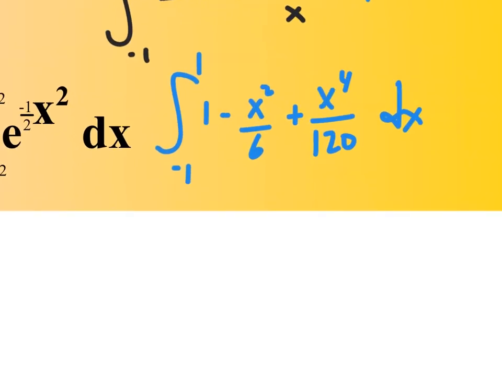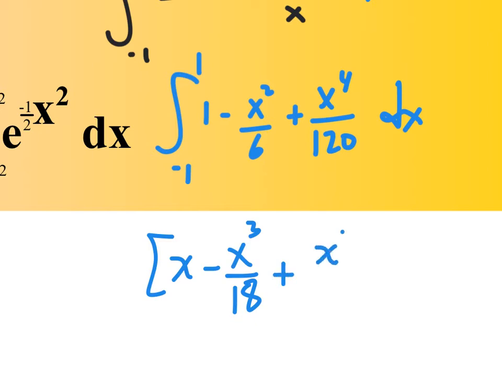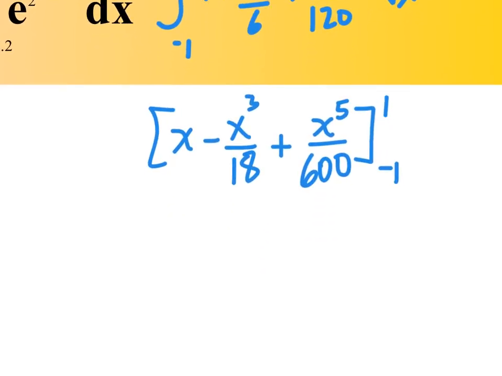Now I can integrate from here. If I integrate this, I'll get x, minus x cubed over 18, and x to the 5th over, 5 times 120, that's 600. Yeah, that seems right. Okay, and I'm going to go from -1 to 1, so just evaluate here.